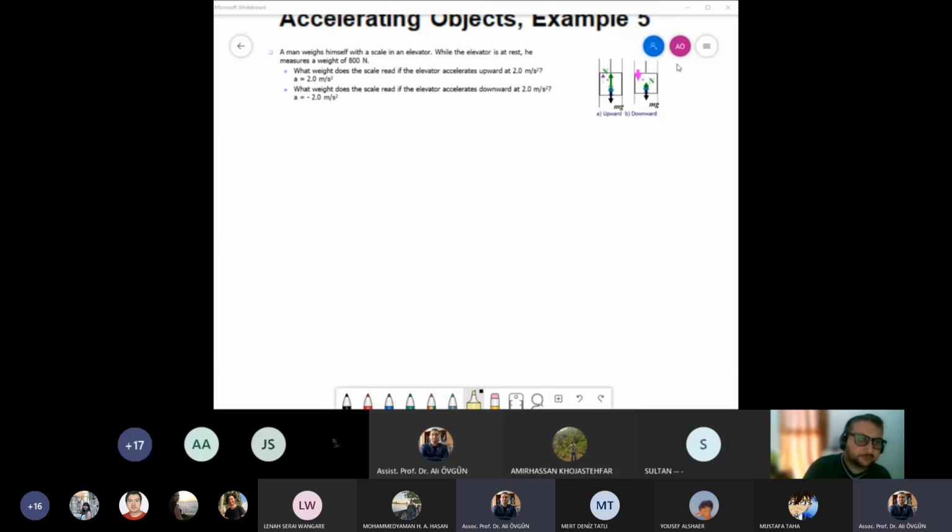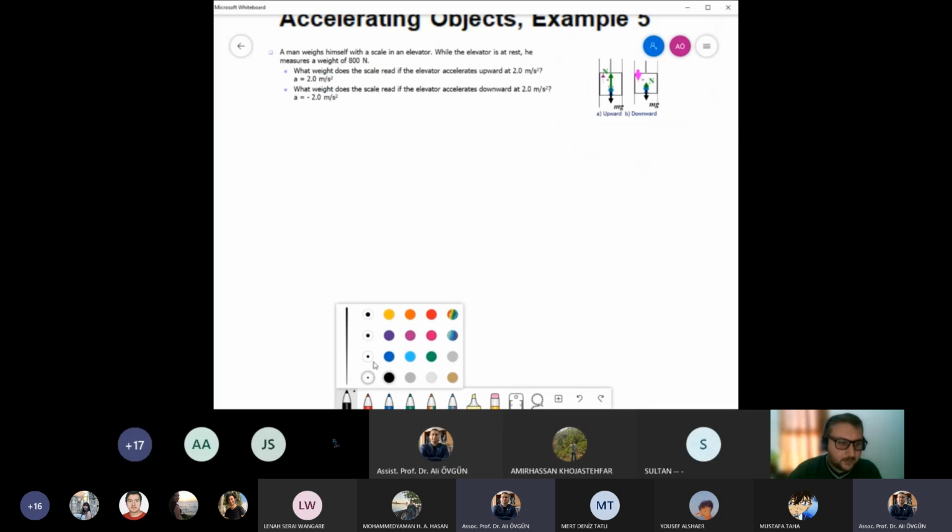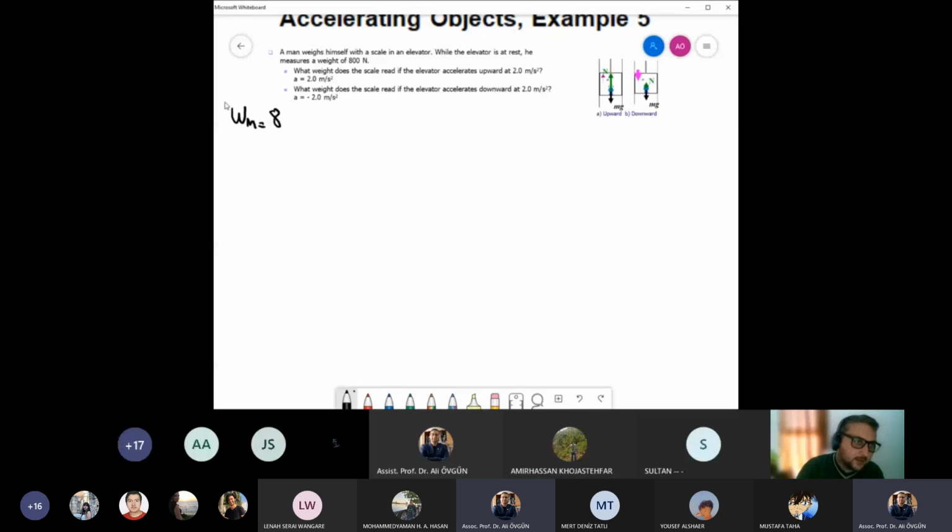So the weight of the man is equal to 800 Newton.